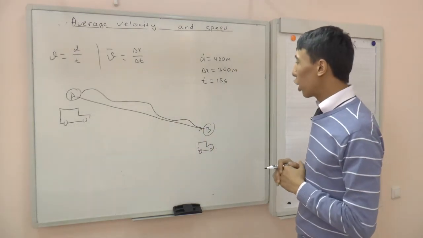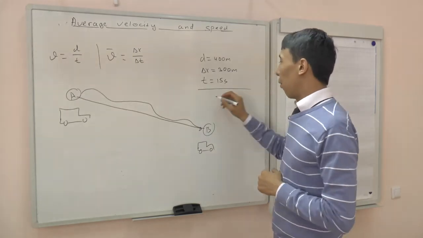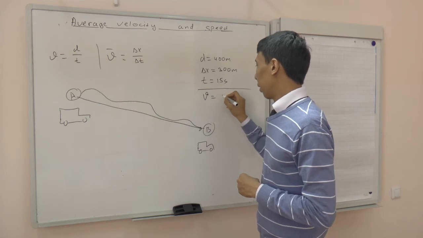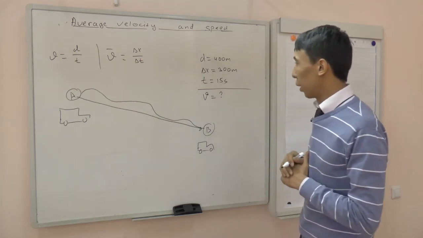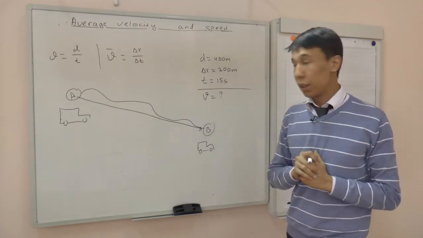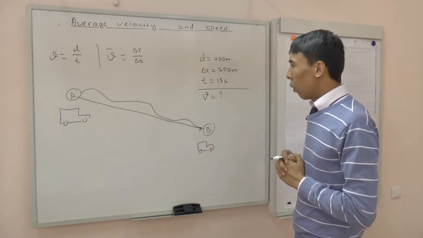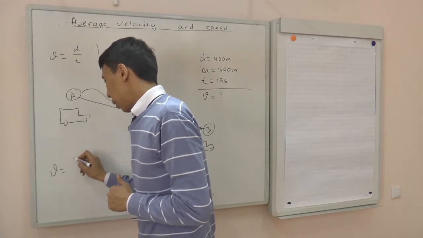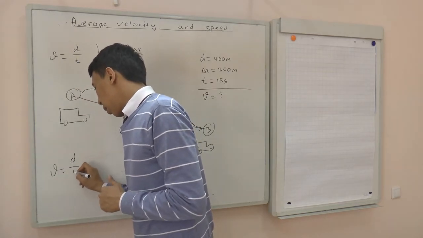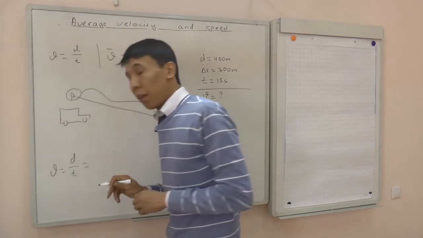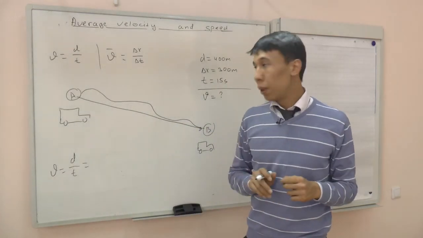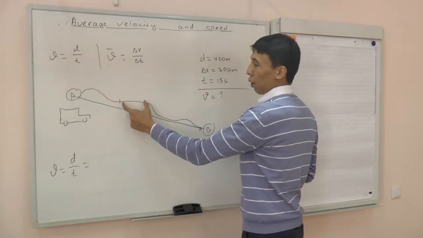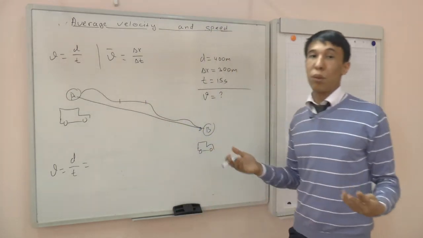And the question is: find the average speed. So in this case, we should use the equation of speed, distance over time. But remember that distance could be taken as a part here, part of, I don't know, where you want.